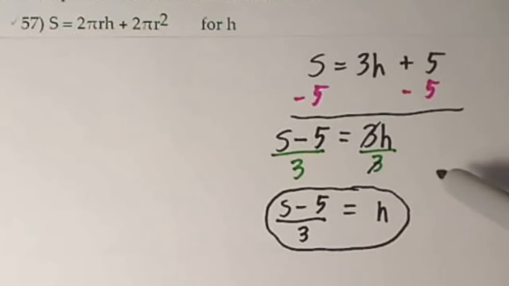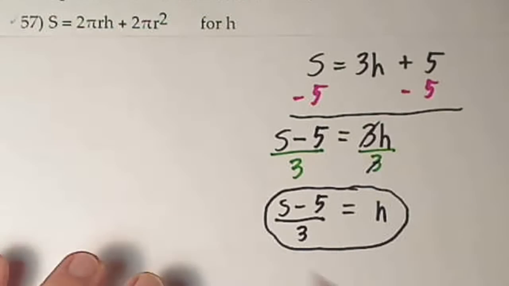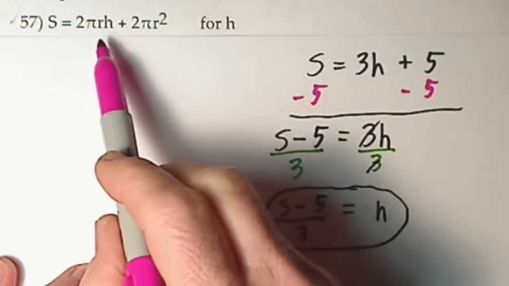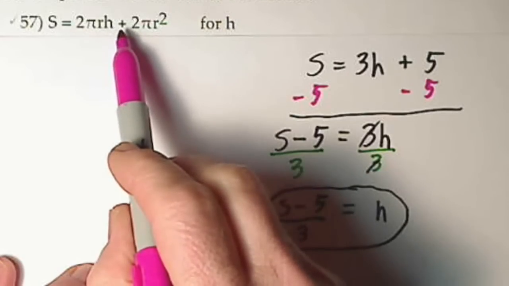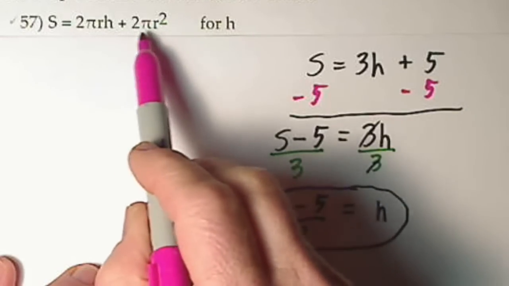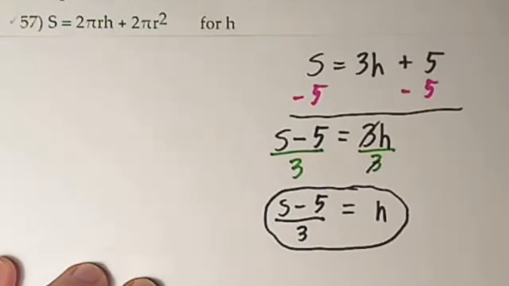We're going to follow the same pattern to solve this one, even though it looks more complicated. All these things are being multiplied together, but all of this stuff has something being added to it, and then all of this stuff is multiplied together, but it's all held together by multiplication.